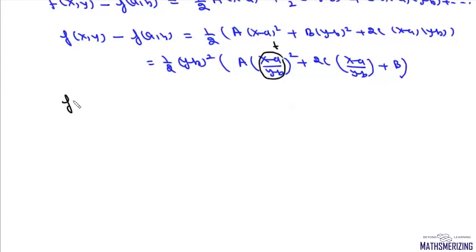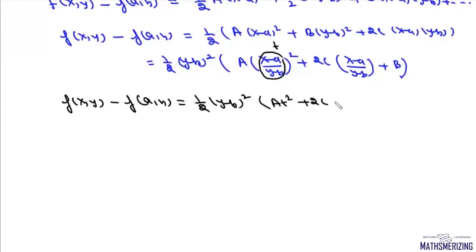We can simply write f x y minus f a b as 1 by 2 y minus b square into a t square plus 2c t plus b. Now this expression, it is already positive, so everything will depend on the sign of this quadratic expression.